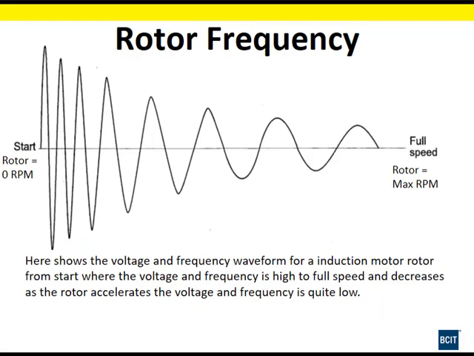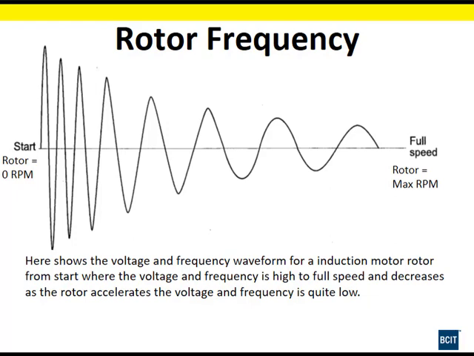Here we have a great illustration showing the effect the rotor speed has on the frequency and voltage in the rotor. At one end, we have the starting point where the rotor is at 0 RPM. The voltage across the rotor from 0 to peak is, as you can see, at its highest.